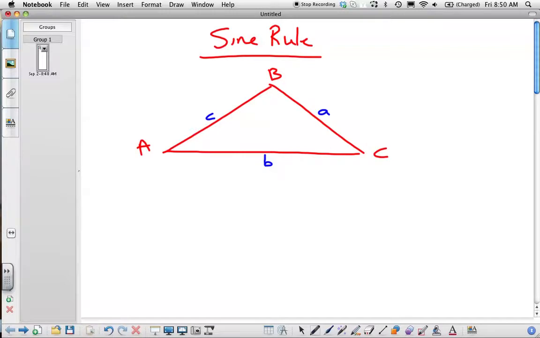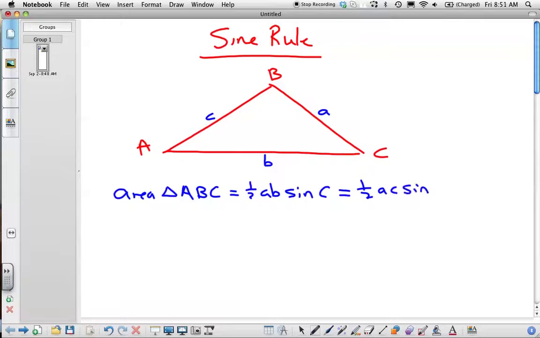And we know from the area sine rule that the area of triangle ABC is equal to a half ab sine C, and that's also equal to a half ac sine B, which is also equal to a half bc sine A. So we have that.